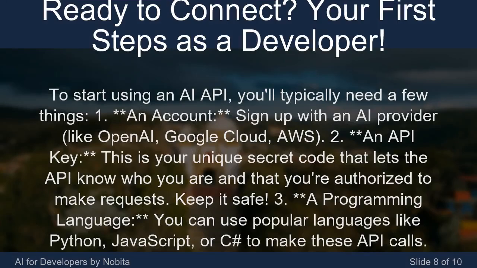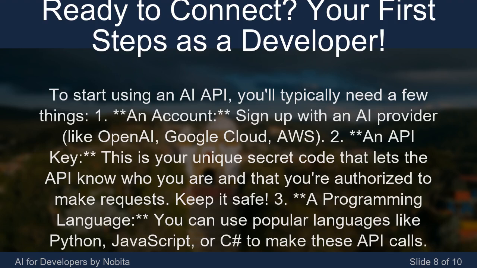To start using an AI API, you'll typically need a few things. 1. An account. Sign up with an AI provider, like OpenAI, Google Cloud, or AWS. 2. An API key. This is your unique secret code that lets the API know who you are and that you're authorized to make requests. Keep it safe. 3. A programming language.